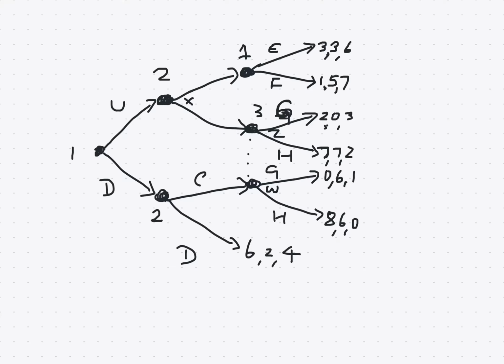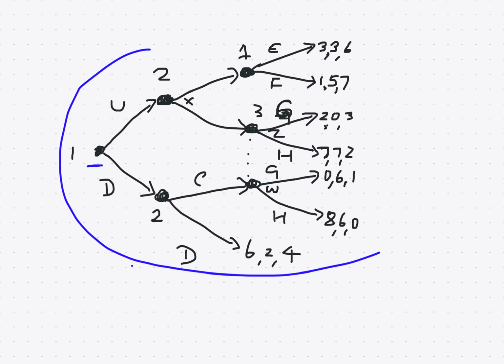So here in this game that we have, it's a three-player game, as you can see. The initial node initiates a subgame. The initial node is here. It initiates a subgame because the entire game is itself a subgame. You're looking at this whole game here. This entire game is a subgame of itself, right?